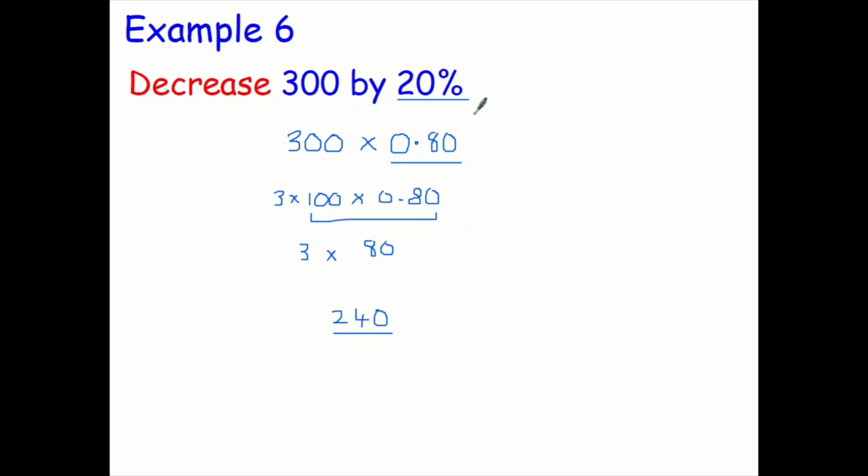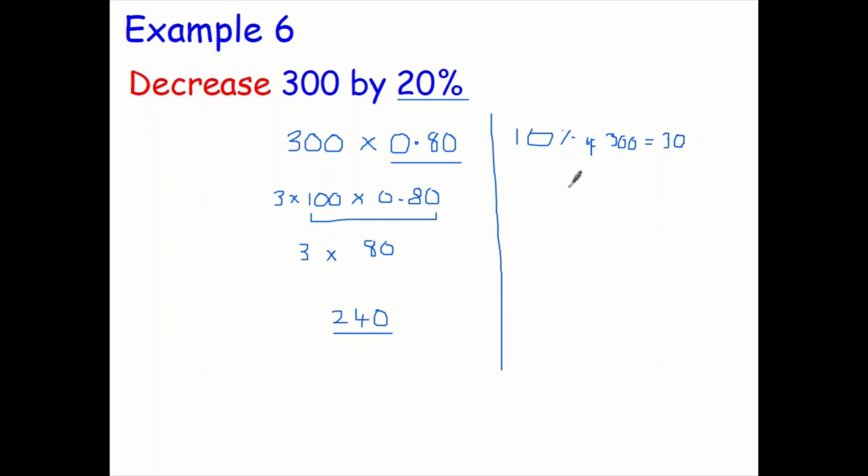You could, of course, do it a different way. You could find 10% of 300, which of course is 30. Sorry, it's my pen that is causing a little bit of an issue here. So 10% of 300 is 30, excuse my writing.